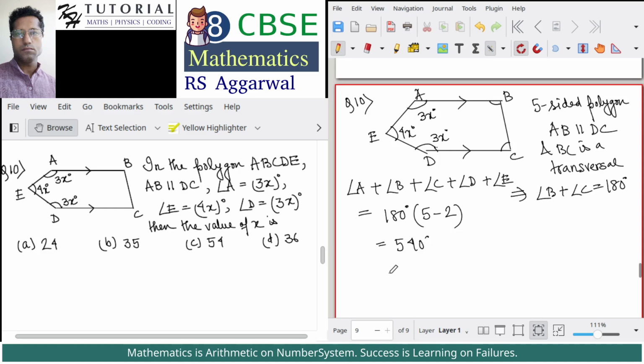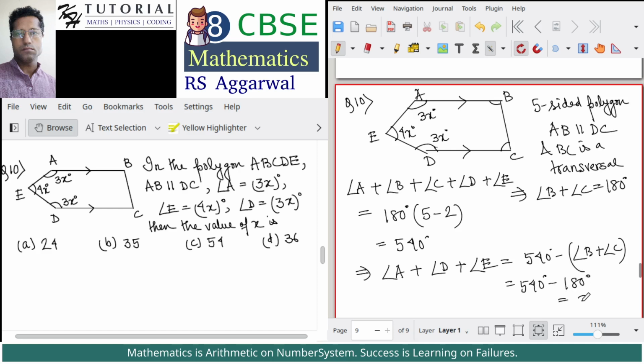Okay. Now B plus C we know is 180 degrees. So this will imply that angle A plus angle D plus angle E will be equal to 540 degrees minus (angle B plus angle C). This is equal to 540 degrees minus 180 degrees.